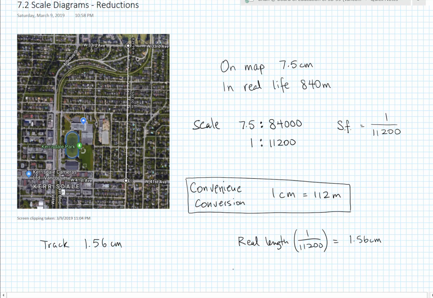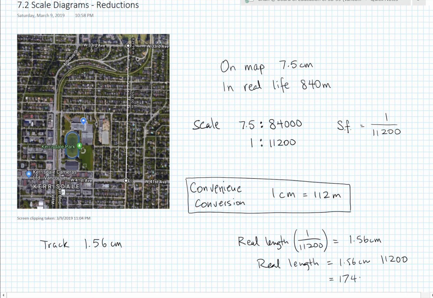And so if I multiply both sides of that equation by 11,200, I get the real length is equal to 1.56 centimeters times 11,200.